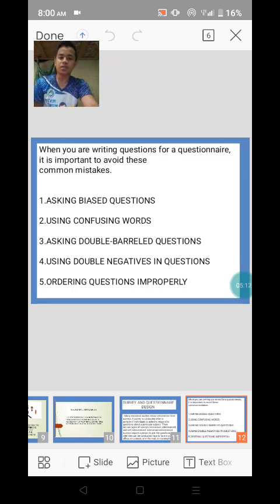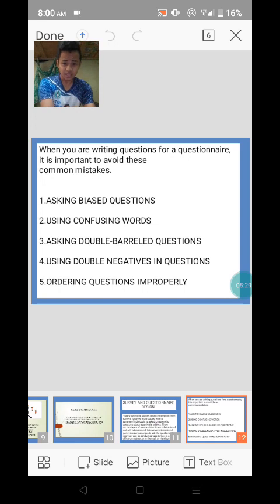When you are writing questions for a questionnaire, it is important to avoid these mistakes: asking biased questions, using confusing words, asking double-barreled questions, using double negatives in questions, and ordering questions improperly.